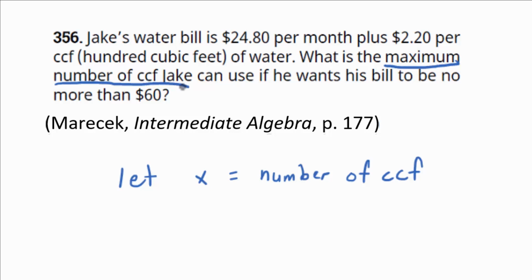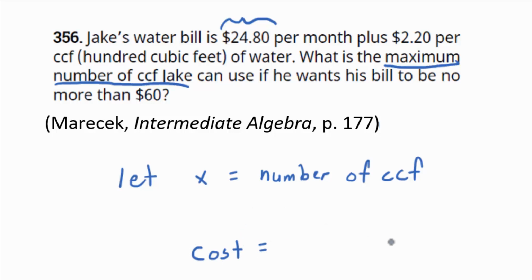What is the built-in cost, no matter what? He has to pay $24.80 even if he uses no water, right? So we have to take that into consideration. So the $24.80 is automatic. Let me set it up this way.